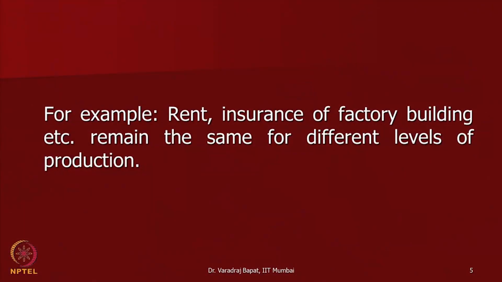For example, our examples were rent and insurance. Now this year rent is say 10 lakhs, next year rent can increase, next year insurance can increase, taxes can increase because of change in tax law. Not necessarily next year, even in the current year some of the fixed cost may increase because of certain other things, but the point is they do not change with the level of activity.